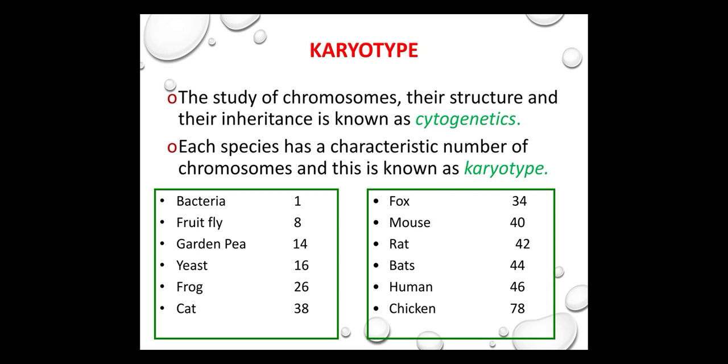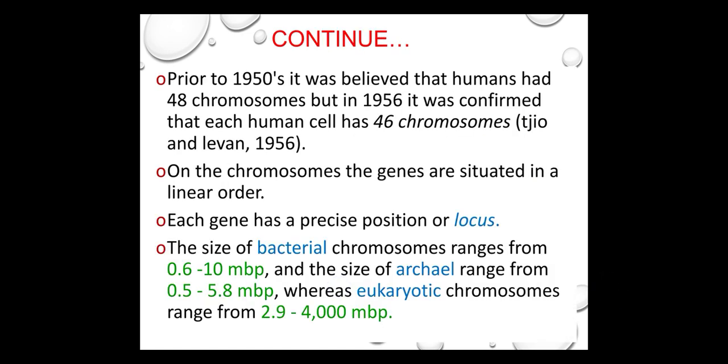Fox is 34 chromosomes, mouse 40, rats 42, bats 44, humans 46, and chicken 78 chromosomes.